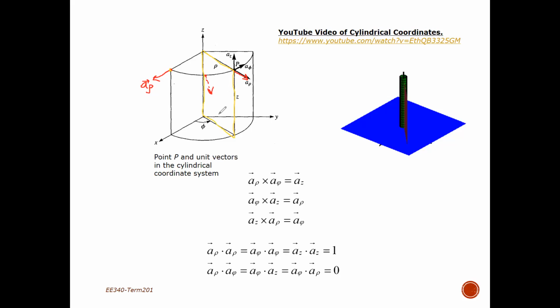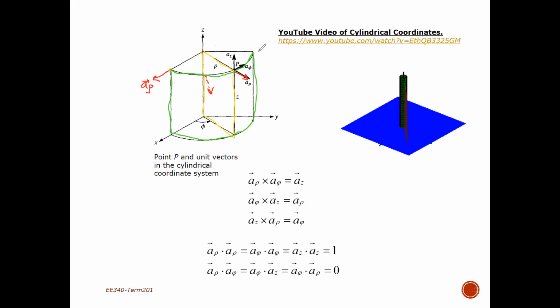That's why it is a constant phi plane. And this part of the cylinder was your constant rho plane, because wherever you go on this part of the cylinder, your rho is constant.